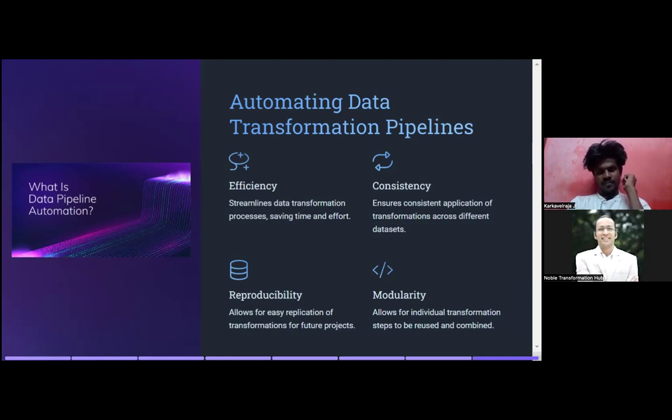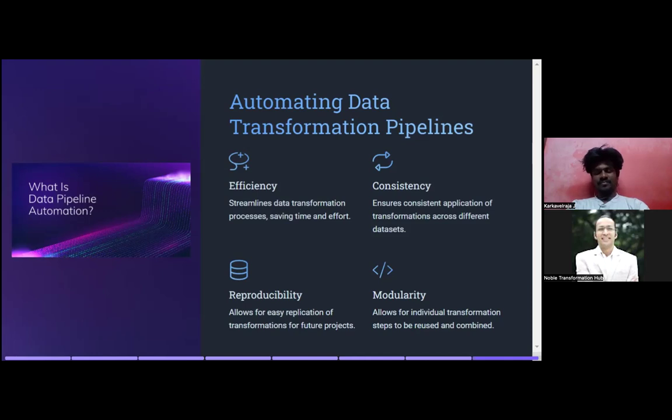Reproducibility: allowing us to easily replicate the transformation for future projects. Modularity: allowing individual transformation steps to be reused and combined.